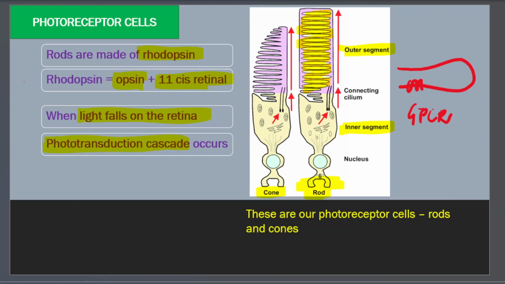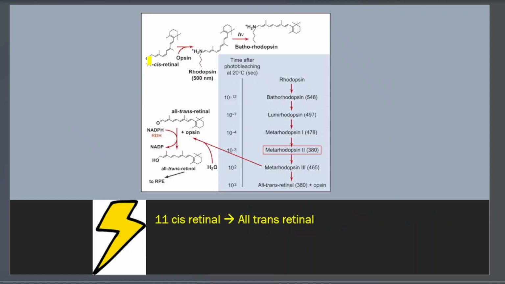This 11 cis retinal and opsin together you call rhodopsin. When light falls on it, it gets converted to batho-rhodopsin, lumi-rhodopsin, meta-rhodopsin 1, 2, and 3, and finally it changes to all-trans retinal plus opsin.